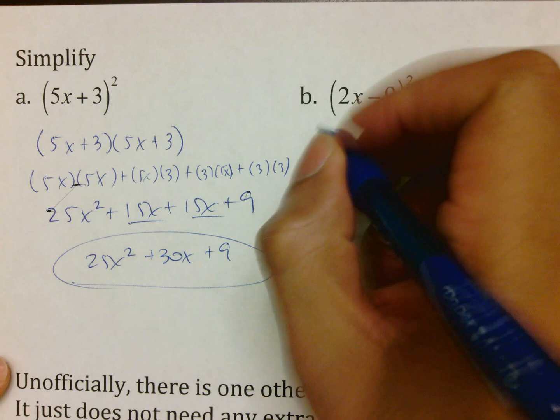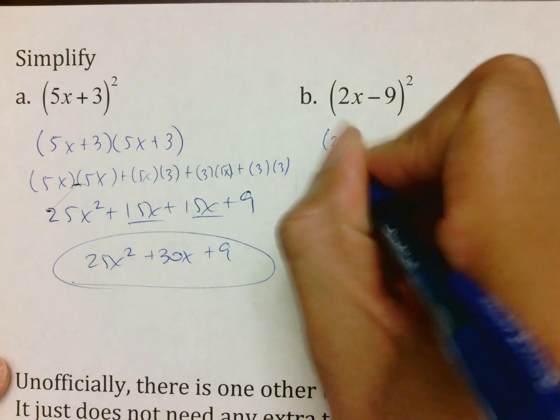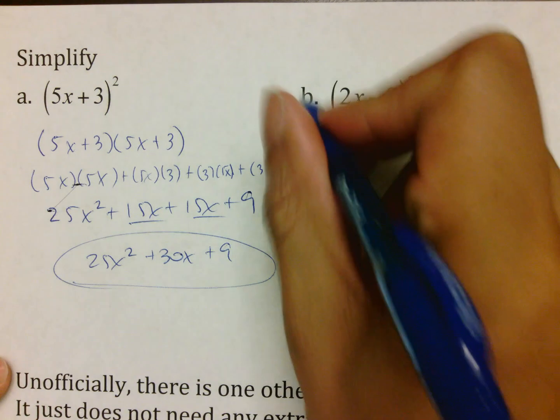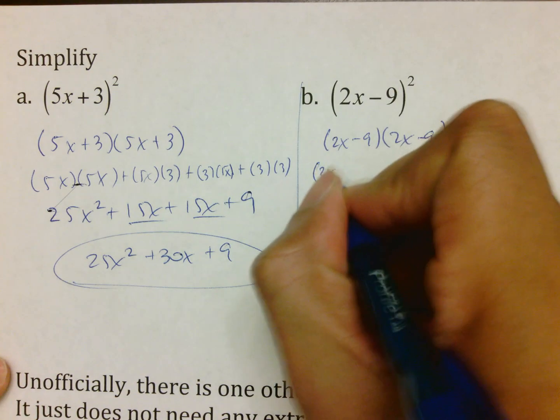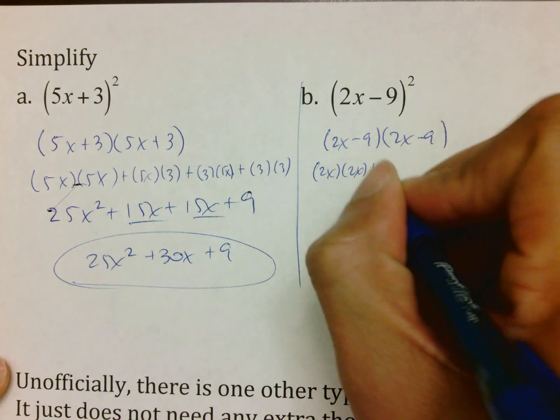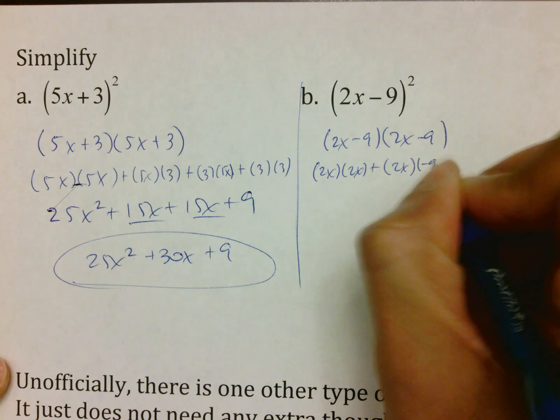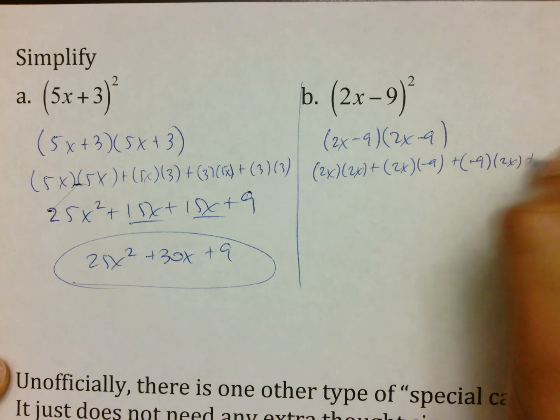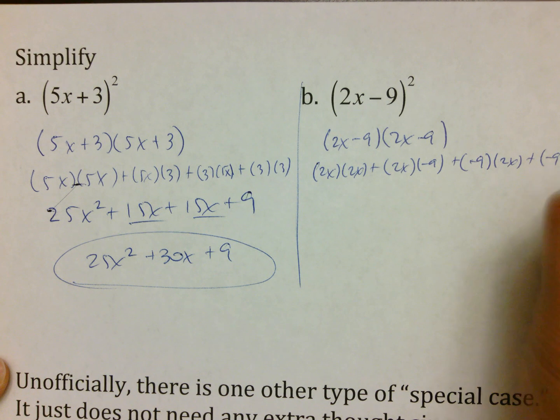2x minus 9 squared is, again, expanded out. 2x minus 9, 2x minus 9. That is where now you say 2x meets 2x, and 2x meets negative 9, and negative 9 meets 2x, and negative 9 meets negative 9.